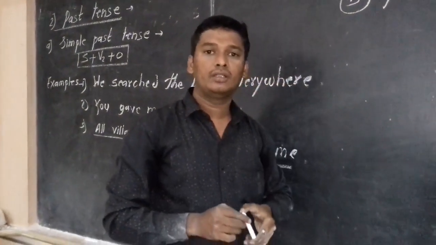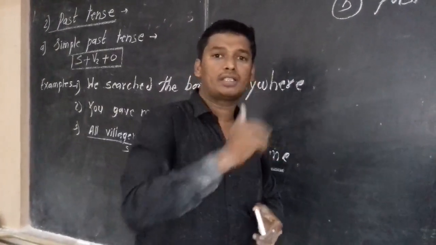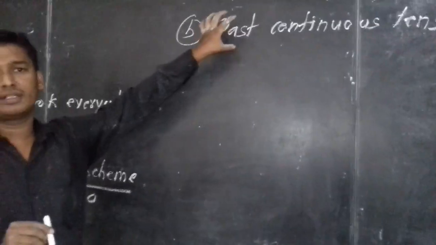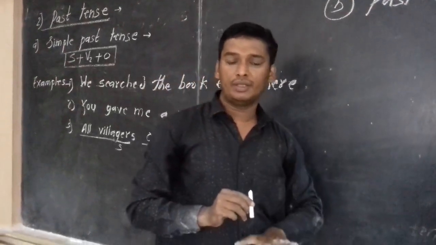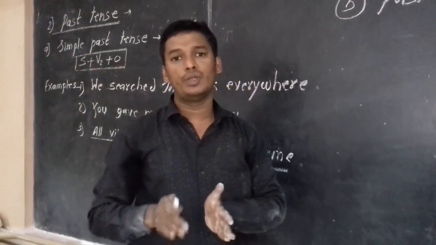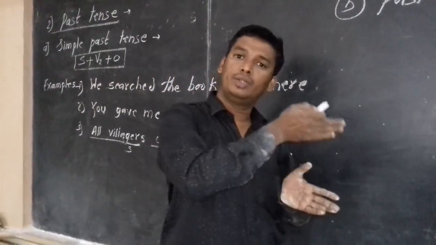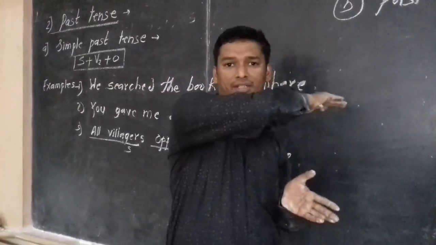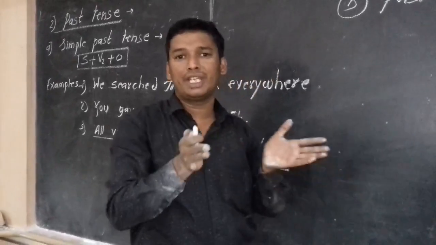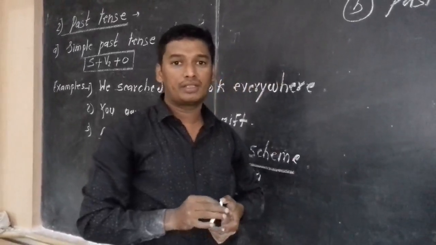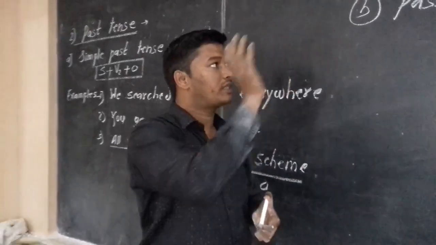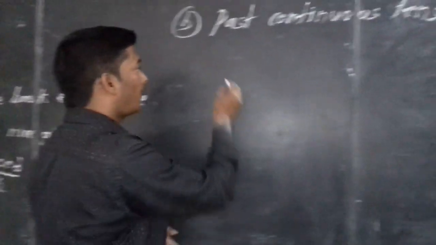Just the action going on in the past is expressed by past continuous tense. Present continuous tense, action which is going on in the present. Past continuous tense, action which is going on in the past. It is the difference between present continuous and past continuous. And what is the structure of past continuous?